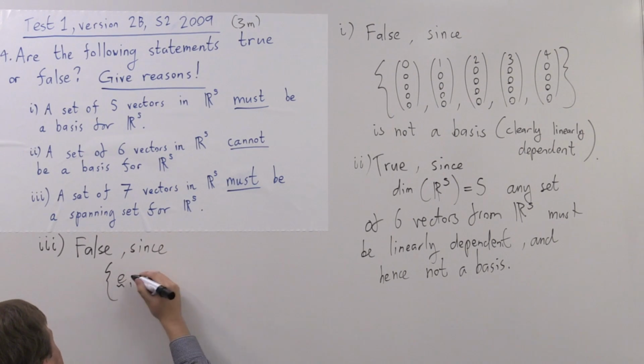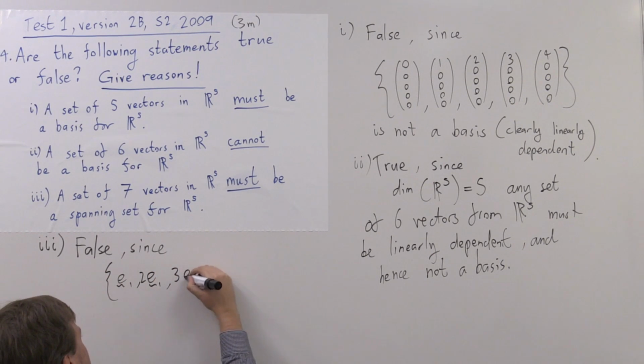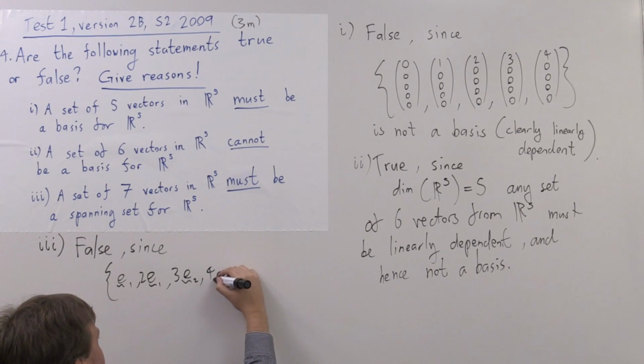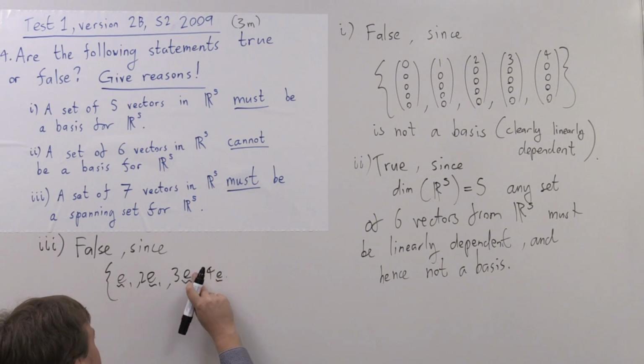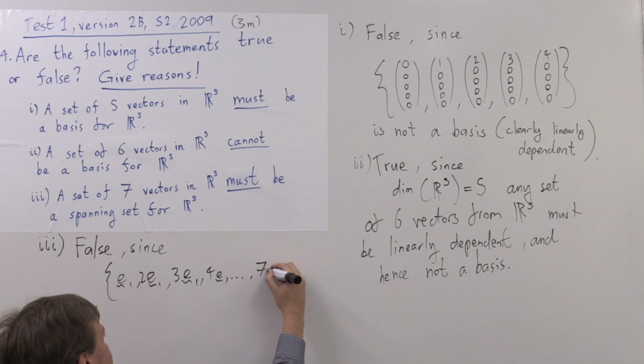So let's take the vector E1, the first standard basis vector. Let's double that. Let's triple that. Let's take 4 times that. And I guess I can use a shorthand, so it's k times E1 for k from 1 up to 7.